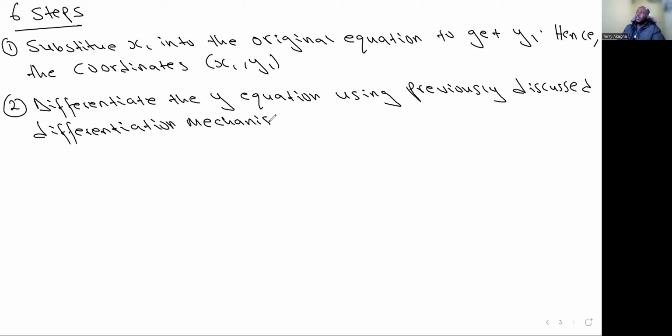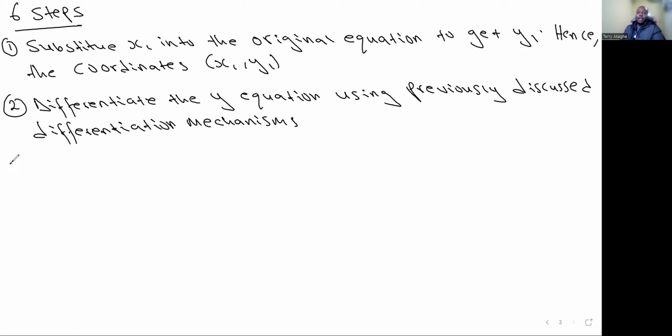Okay, so I've talked about several mechanisms in the previous video. I talked about the power rule, the power rule with a constant, and so on. So based on the y equation, we now determine what differentiation mechanism to use.